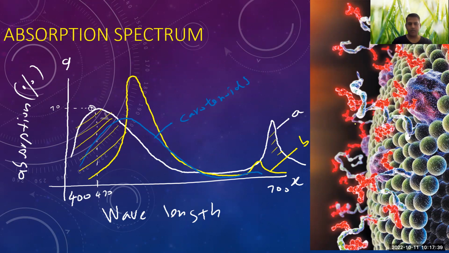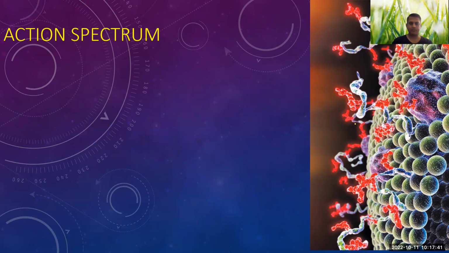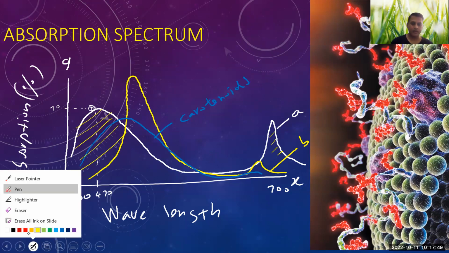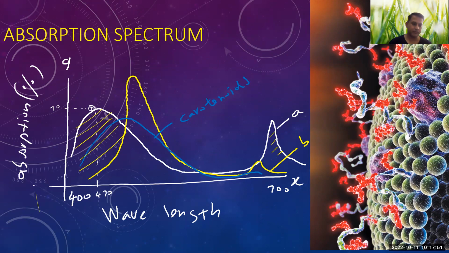Then we are coming to the next, action spectrum. So action spectrum is if I replace absorption with the rate of respiration, rate of photosynthesis. Absorption is replaced with the rate of photosynthesis.